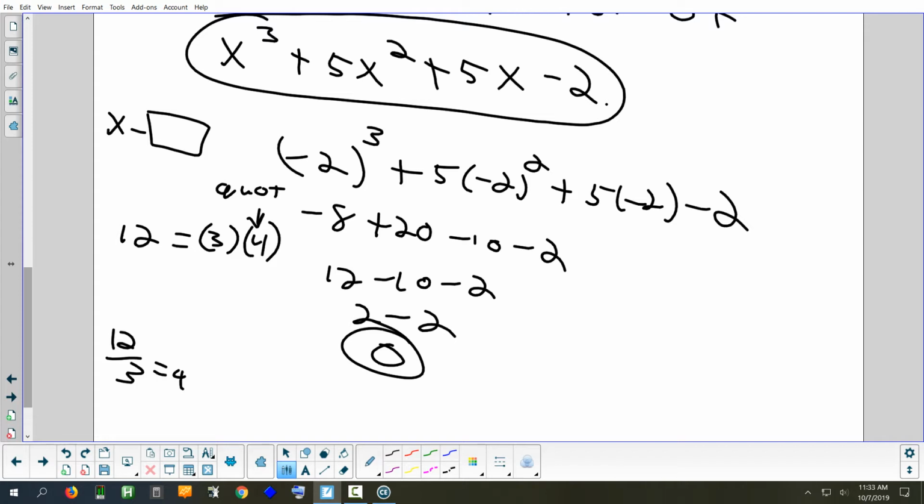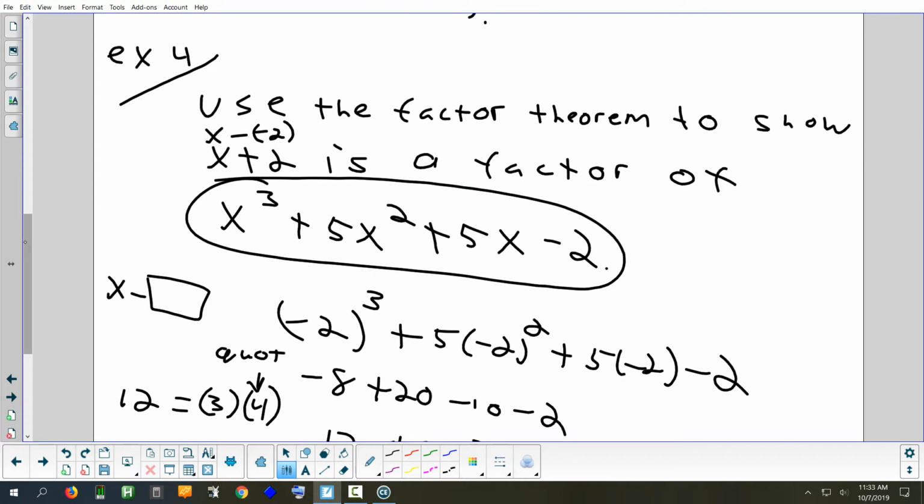There's your other factor. You can do exactly the same thing here. We know that this equals something times something. One of them is x plus 2. What's the other one right here? It's the quotient of what's circled divided by x plus 2. And once you do the quotient, you could figure out how it factors.